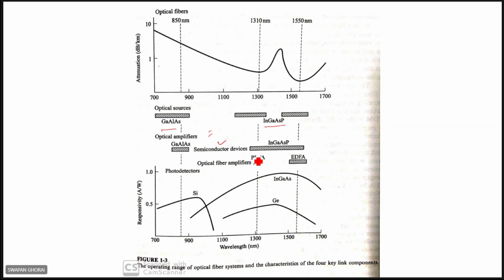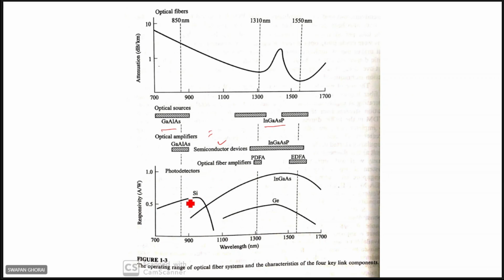Different rare earth elements like praseodymium and neodymium are there for different wavelengths. Erbium is doped in this case, and erbium is a rare earth element. So based on these, you can have different fiber amplifiers.